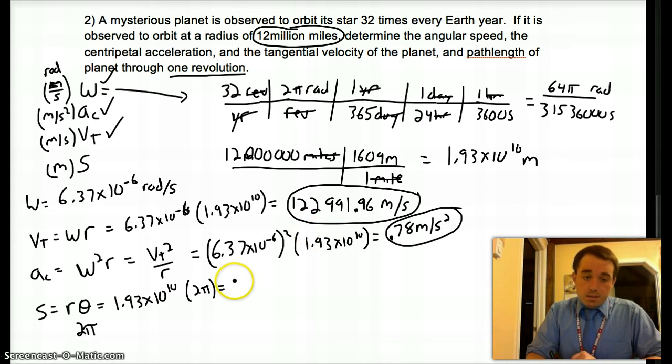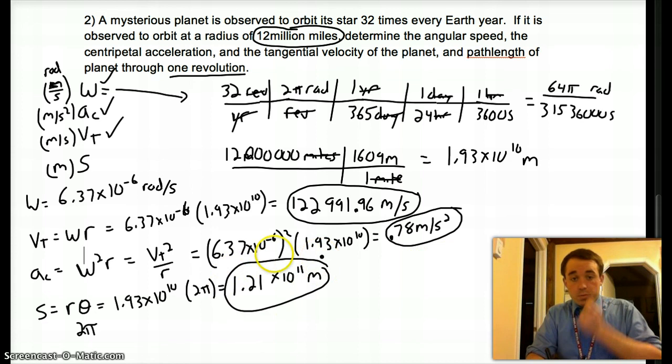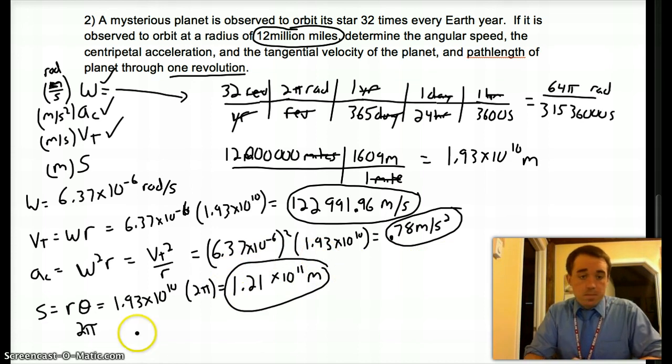So that's 1.93 times 10 to the 10th times 2 pi. And I get a big, huge distance of 1.21 times 10 to the 11th meters, which would be 1, 2, 3, 4, 5, 6, 7, 8, 9, 10, 11.